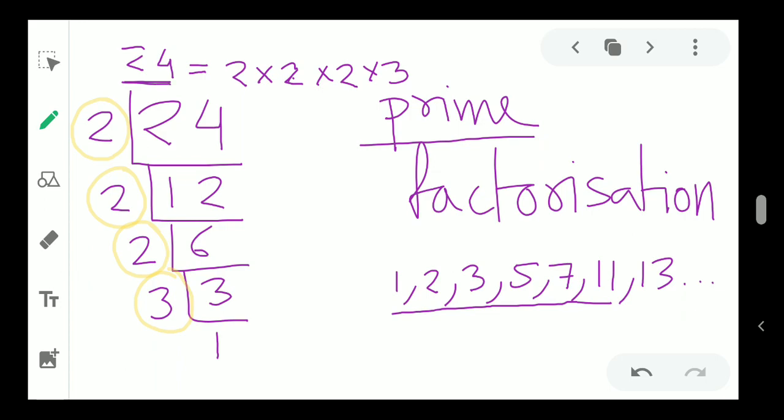So why is it needed to know the factors? Because whenever we are splitting any number, we must factorize and write the split number. So 24 I can write as 2 into 2 into 2 into 3 instead of 24 whenever it is needed.